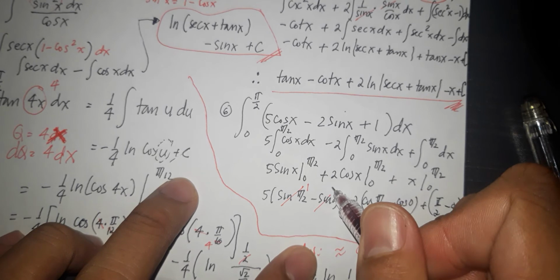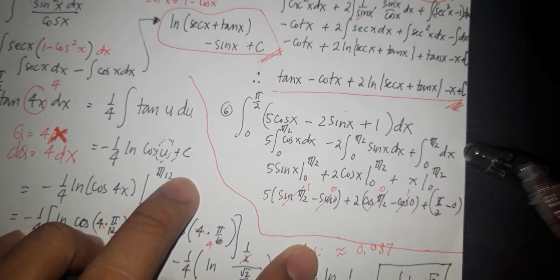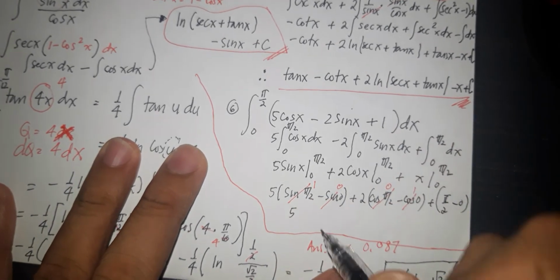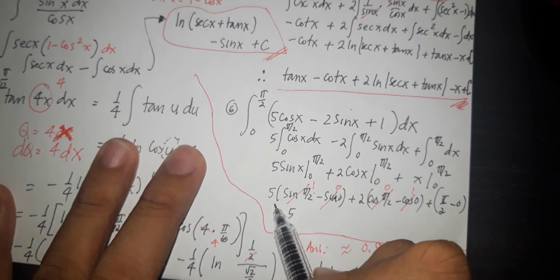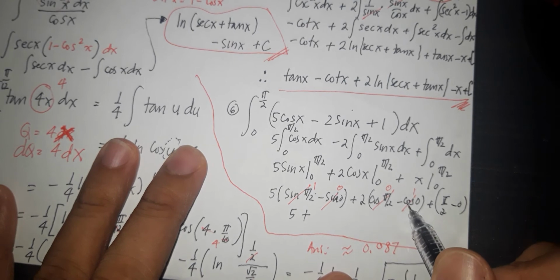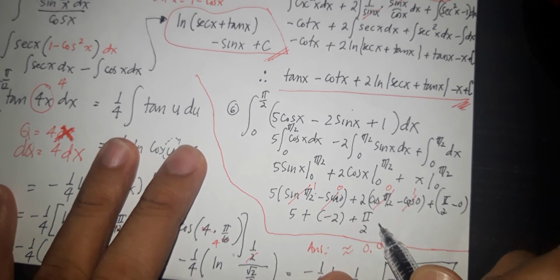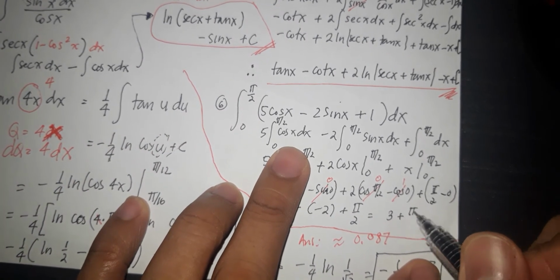Cosine 0 is 1. Cosine pi over 2 is 0. Then that gives you 5. 1 minus 0 is 1 times 5 is 5. Plus 2 times 0 minus 1 is negative 2, plus pi over 2. So that is 5 minus 2 is 3 plus pi over 2.